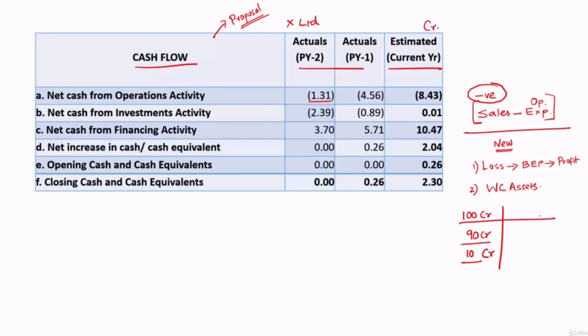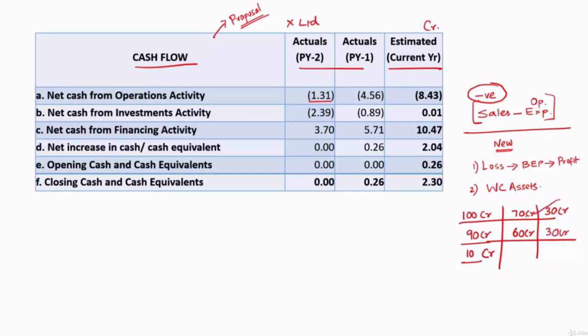Out of 100 crore sales, let's say 70 crore is on credit. It means they have generated cash of only 30 crore. Out of 90 crore expenses, let's say they have already paid 60 crore. It means what is yet to be paid is only the balance 30 crore.